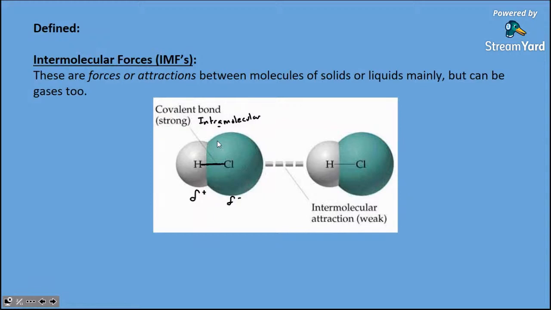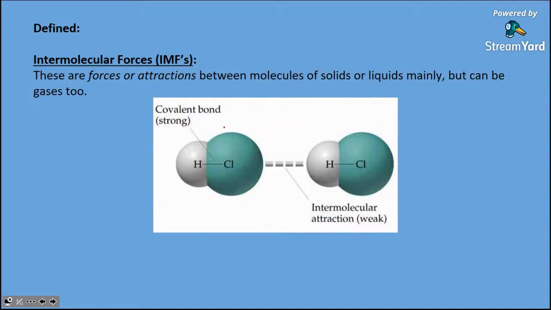That makes this a polar covalent molecule, so I've got a region of positive charge and a region of negative charge. The same is true on both neighboring molecules. So we get an attractive force between the negative pole of one molecule and the positive pole of the other molecule. That is my intermolecular force, or IMF, the force of attraction between one molecule and the next.